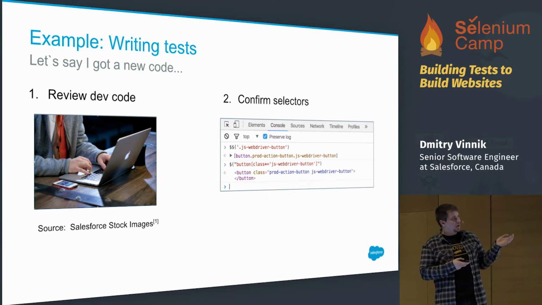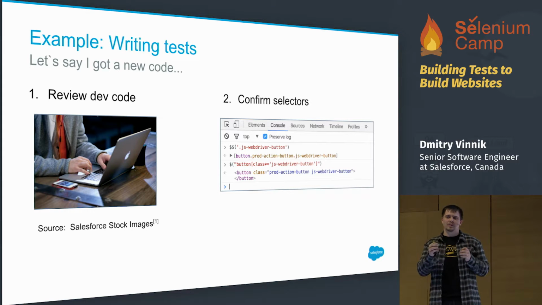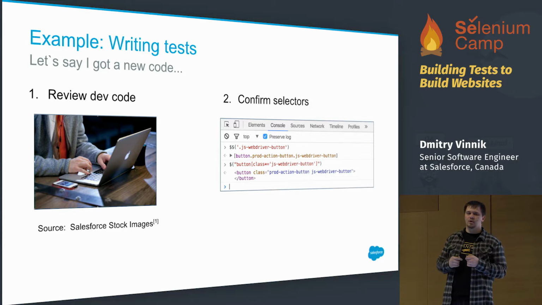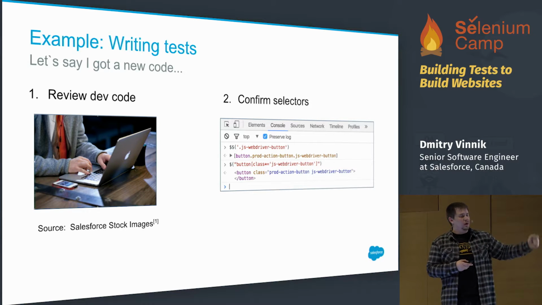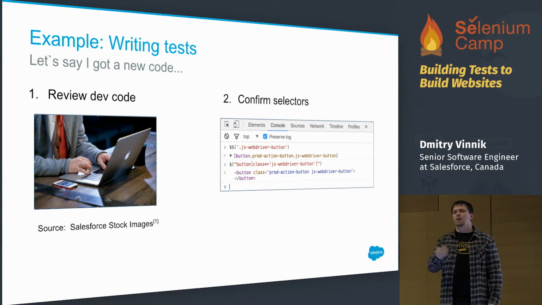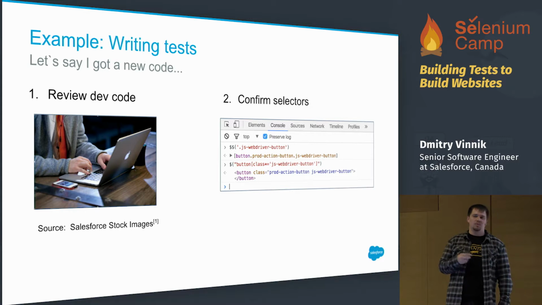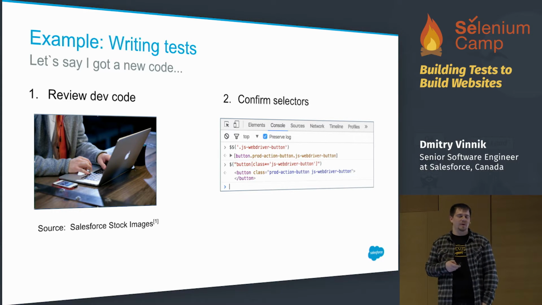But basically, I'm just giving you a small tip: using a double $$ sign represents a CSS selector that's going to be copied one by one into your WebDriver page object. If you're using a single $ sign, it represents an XPath that you might use one by one in your page objects. It's a nice tip that I actually like to use before I even try to run WebDriver.